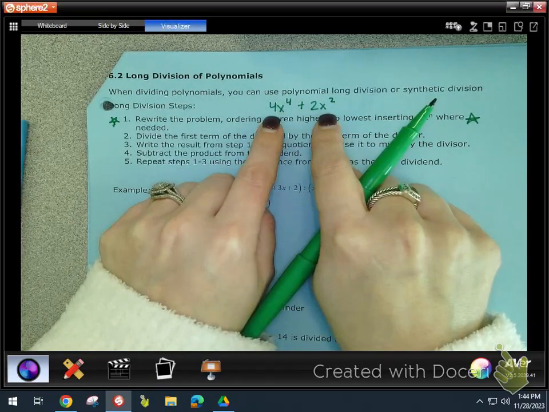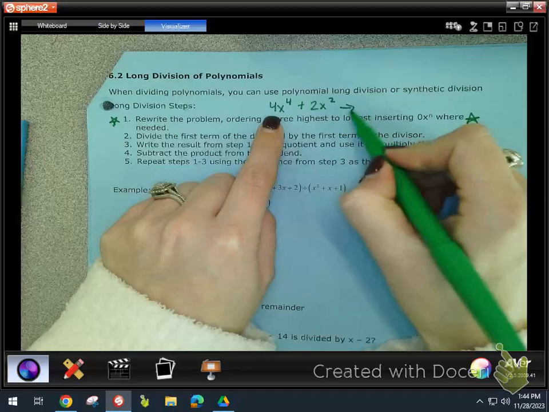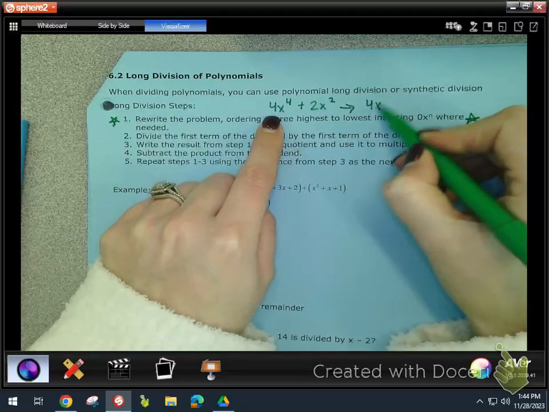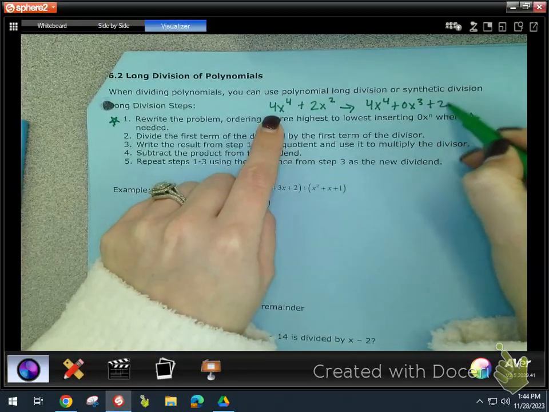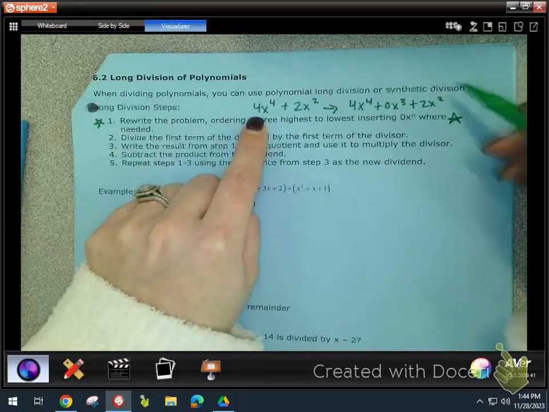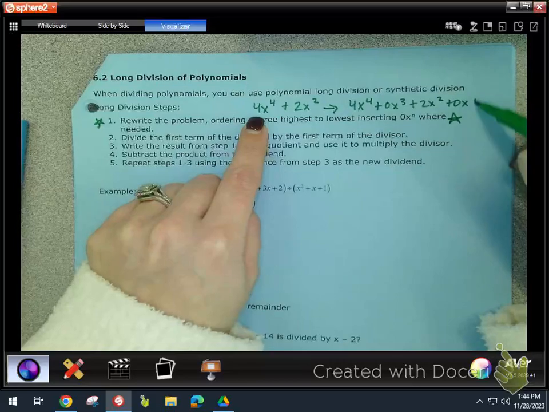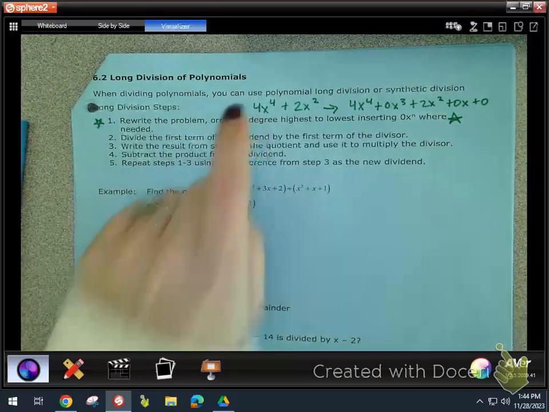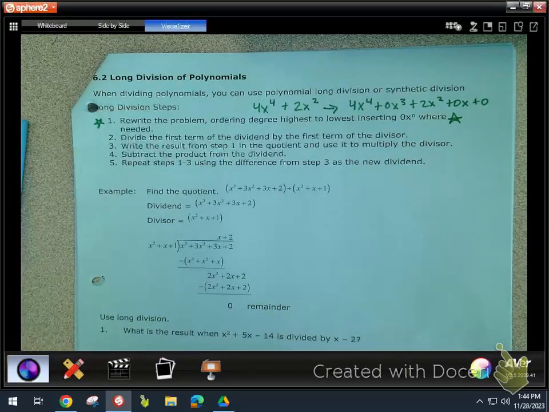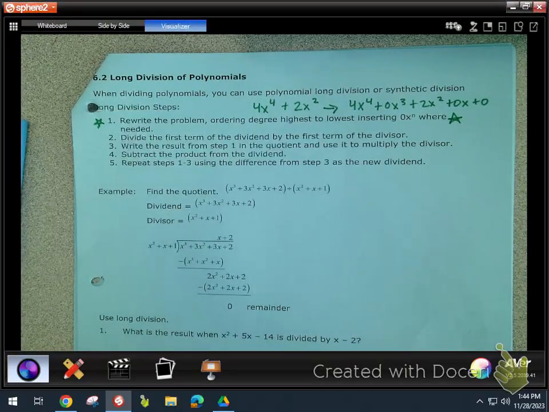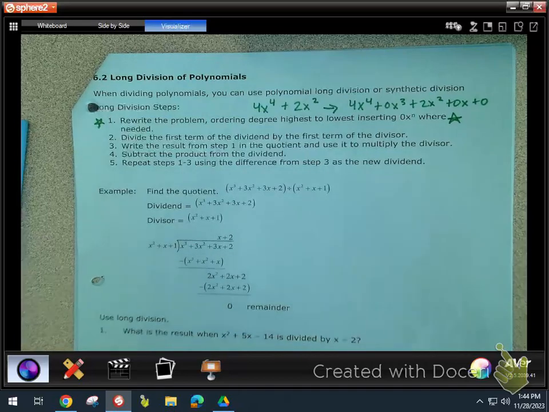But when you do the division processes, you need to make sure that you would write that as 4x to the fourth plus 0x to the third plus 2x squared. And technically, I would need to keep going. Plus 0x plus 0. You have to go all the way. Everything has to be there. If it's not, you want to put a 0 with it. And go ahead and put that exponent. It has to all be accounted for.